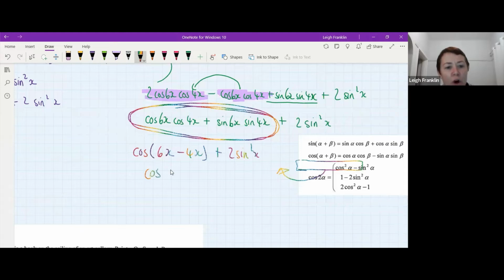And that is where the cos 2x comes from. Does that make sense, Michelle?